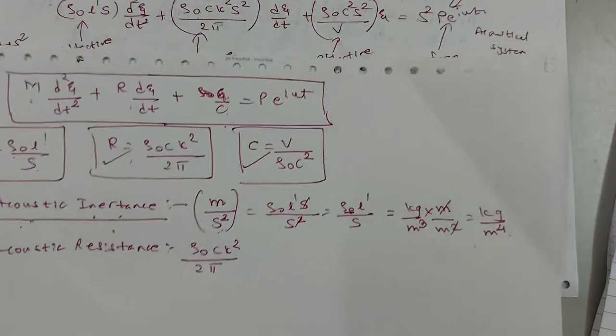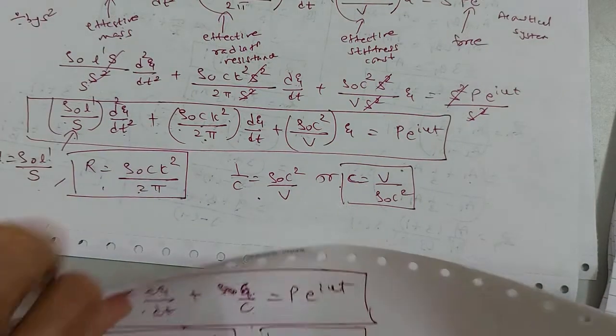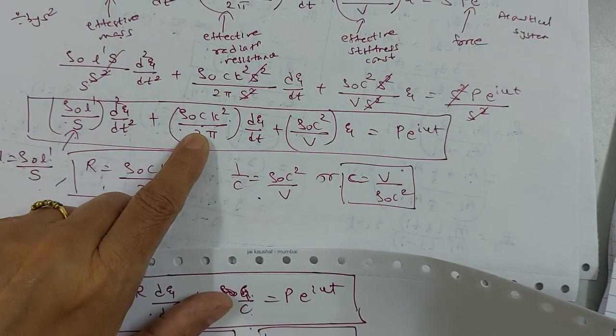And how did we get the value here? Rho 0 C K square by 2 pi. Here we took this term directly.